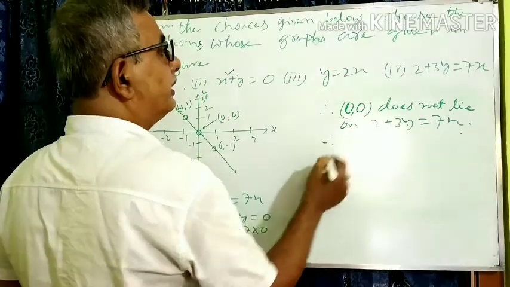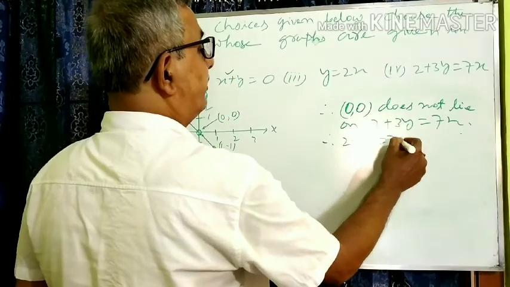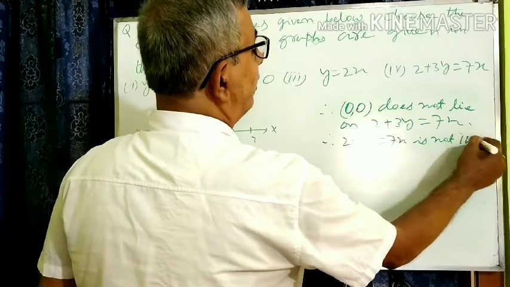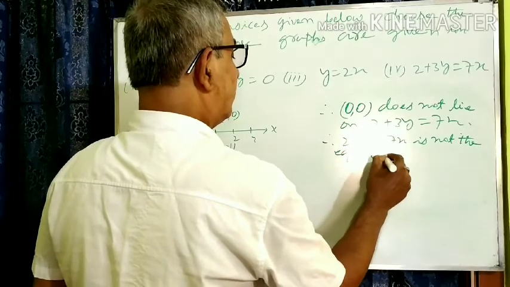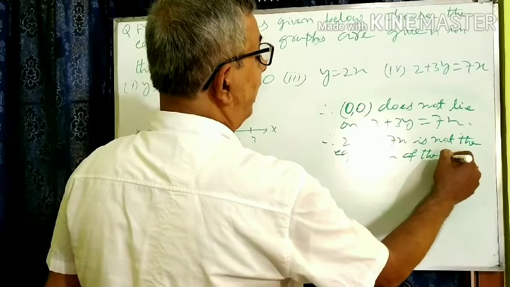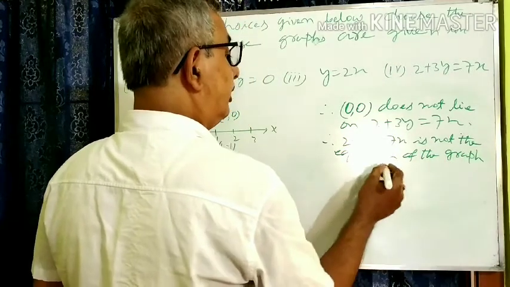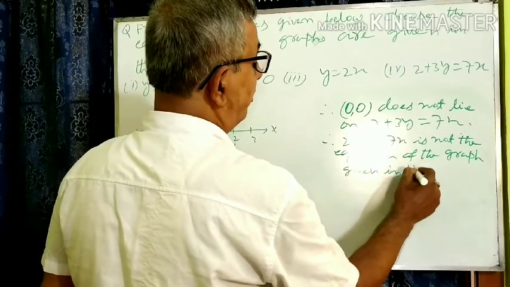Therefore, 2 plus 3y is equal to 7x is not the equation of the graph given in the figure.